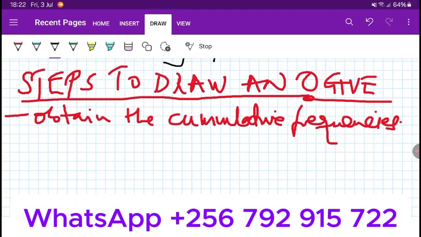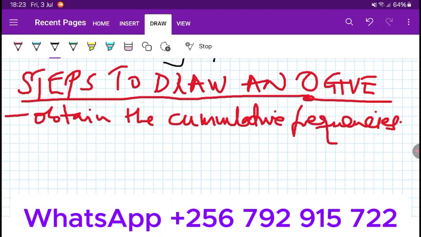As long as we have the frequencies of the classes that we are given, we can easily get the cumulative. It's just summing up the different frequencies depending on how they have occurred. So that's the first step.